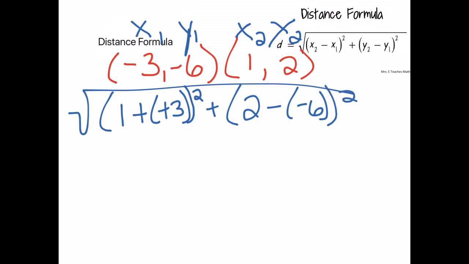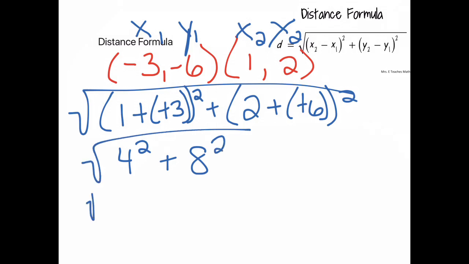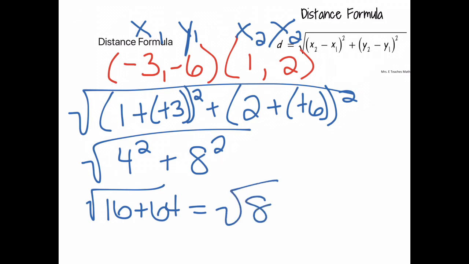Negative negatives are always positives, so that makes 1 plus 3, which is 4 squared. 2 plus 6 is 8 squared, and we'll do the square root of 16, because that's 4 squared, plus 64, which is 8 squared. So we have the square root of 80, which when you take that, you get just below 9. You get about 8.9, so approximately 8.9. And that's how you use the distance formula.